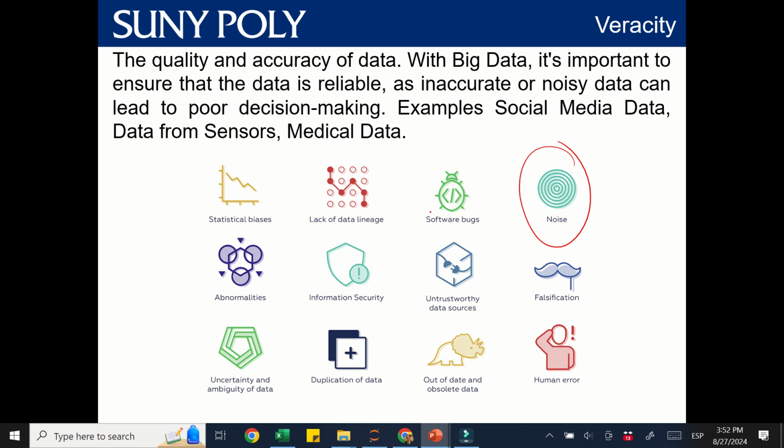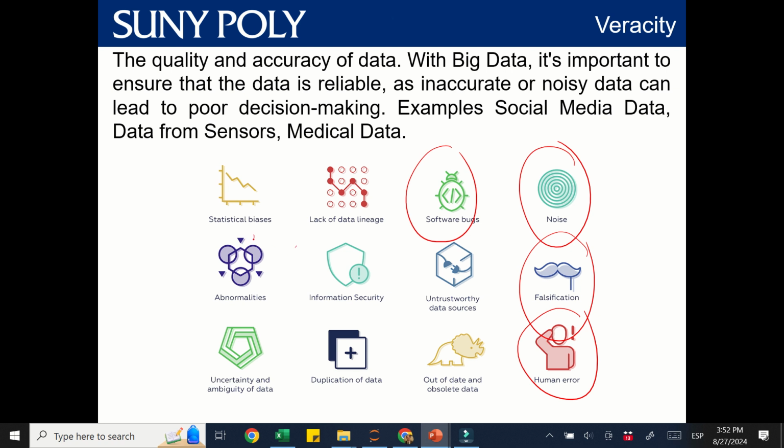At the same time there will be some errors, like software bugs. It's possible that there is also fraud, falsification. There are problems that will affect the data and the decisions that you can make. Maybe there are some human errors, or maybe something is not working properly, like a faulty sensor that is giving you bad readings about something. So these are possibilities that affect and corrupt your data.